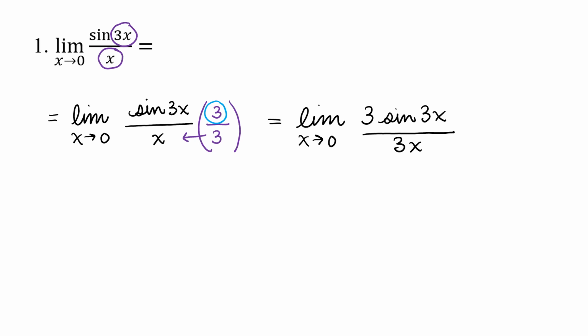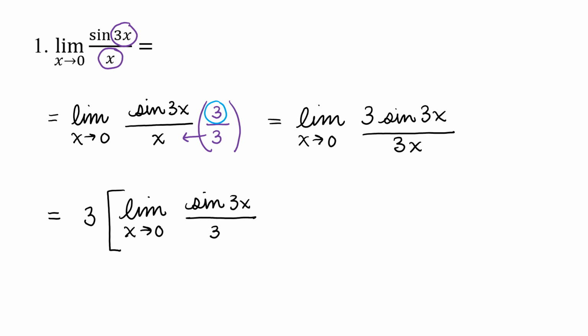And now we're really close, but we have this extra 3. So we're going to use limit laws to pull that 3 out. So this will be equal to 3 times the limit as x approaches 0 of sine of 3x over 3x.